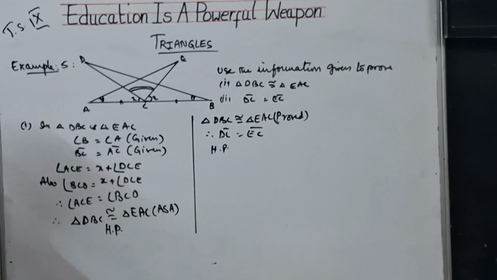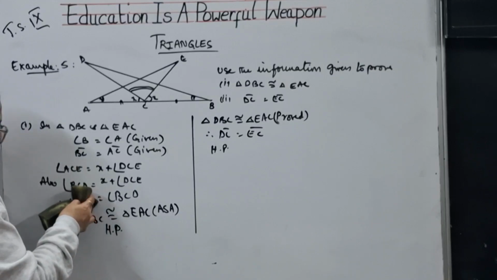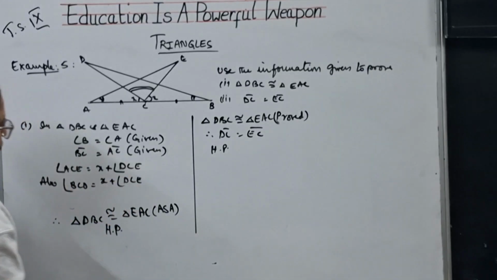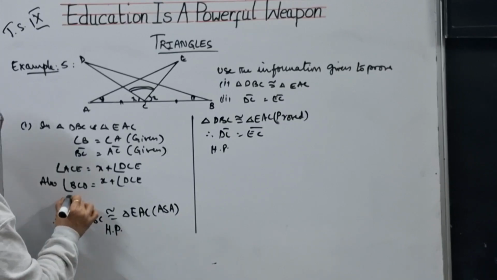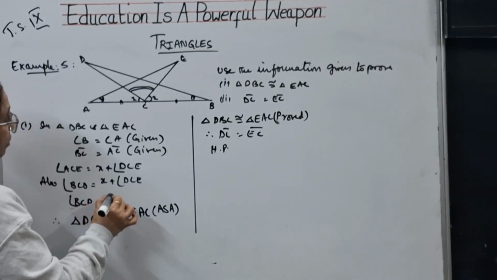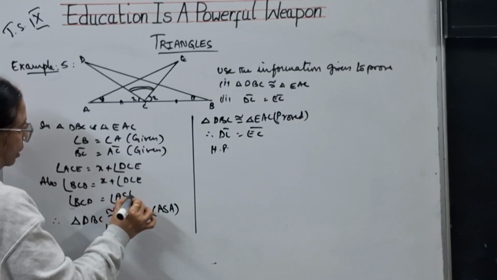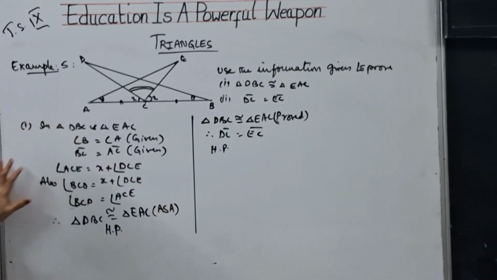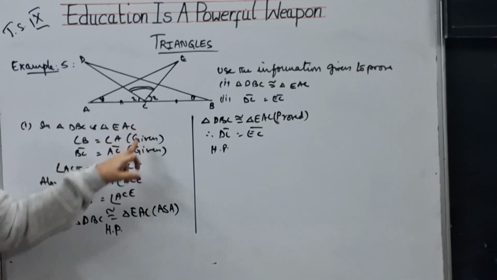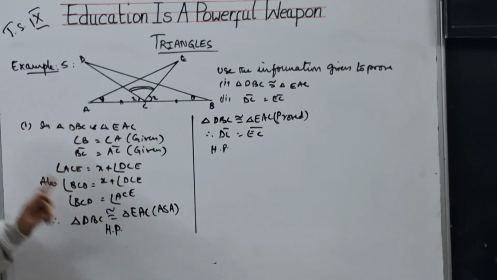First, let me write angle BCD is equal to angle ACE, because BCD is the triangle DBC angle and ACE is the triangle EAC angle. So like that only we need to write.